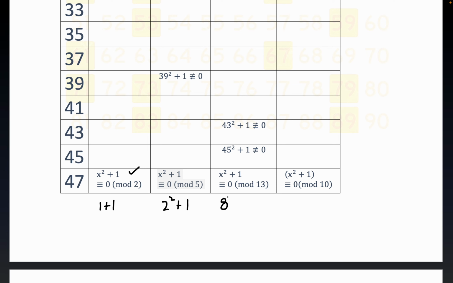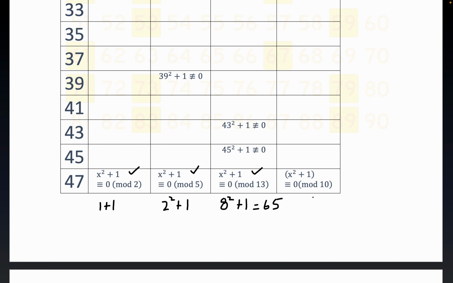You can tell I was kind of excited when I got this because I had to check all these and finally got one that worked at 47. So 8 squared plus 1 equals 65, and 65 is certainly divisible by 13. 5 times 13 is 65. So you see this one checks, this one checks, this one checks.